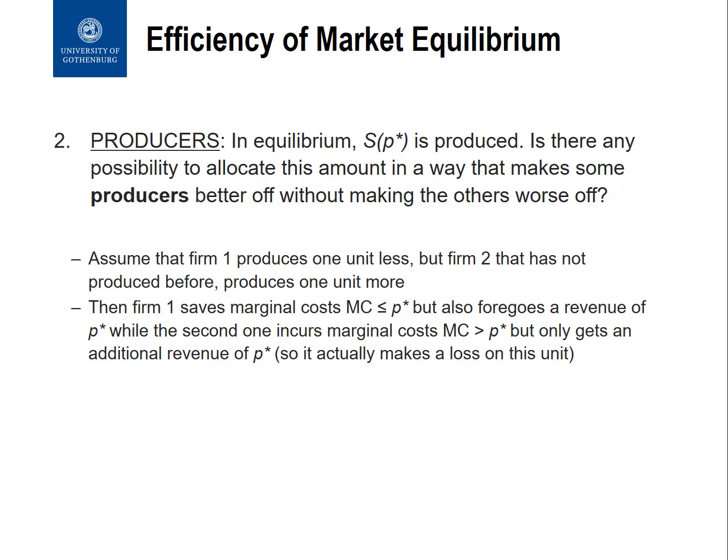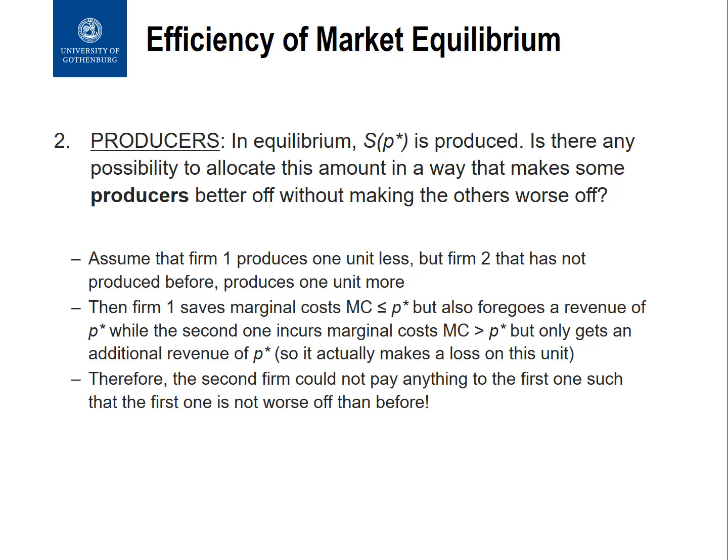And firm 2 incurs a marginal cost that is higher than P star and only gets an additional revenue of P star, so she makes a loss on this unit. Therefore, firm 2 could not pay anything to firm 1, such that firm 1 is better off than before. So again, no Pareto improvement is possible in this case. We cannot make a firm better off without making another firm worse off.